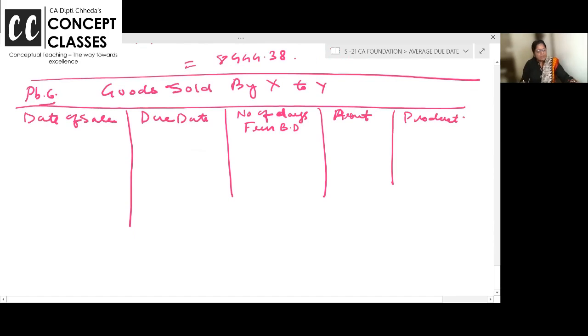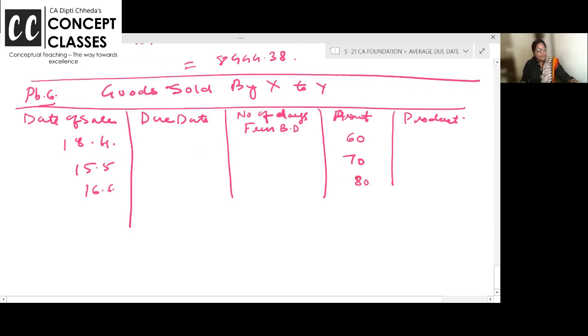Amount, then product. So first just take down as it is, as the rate is given. 18th of April, 60 rupees. 15th of May, 70 rupees. 16th of June, 80 rupees.